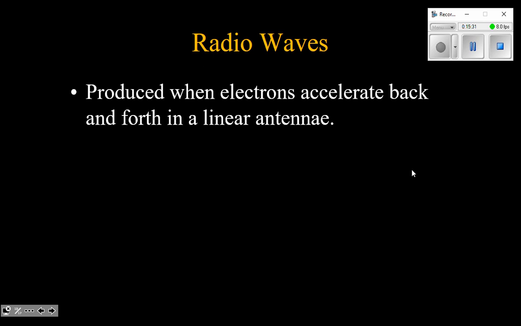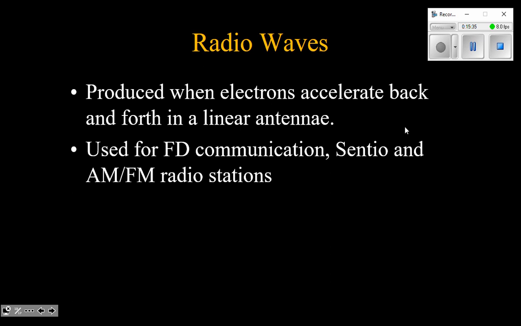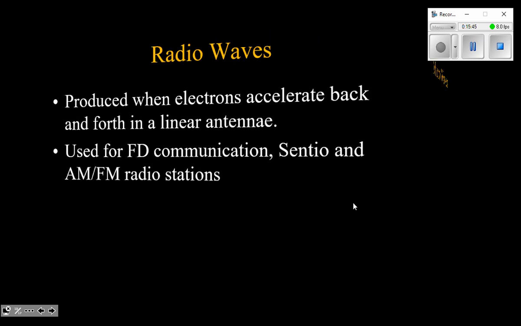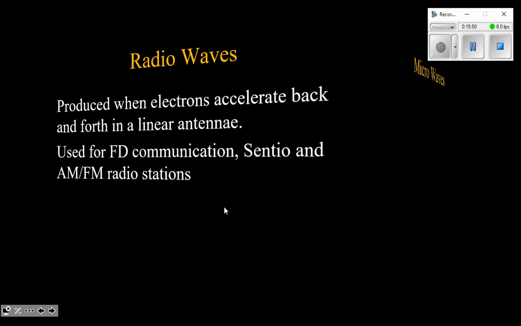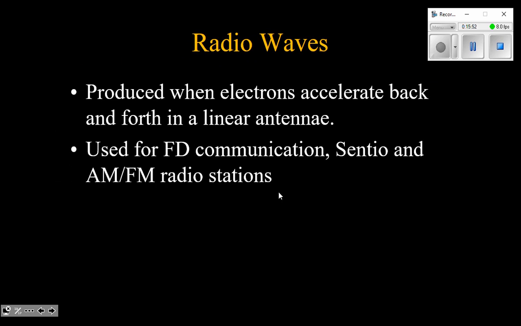And the speeding up and slowing down is what generates radio waves for us. Used for fire department communication, those Sentio responding devices we use with the smart board, both AM and FM radio stations, or as they like to say on satellite radio, terrestrial radio stations.